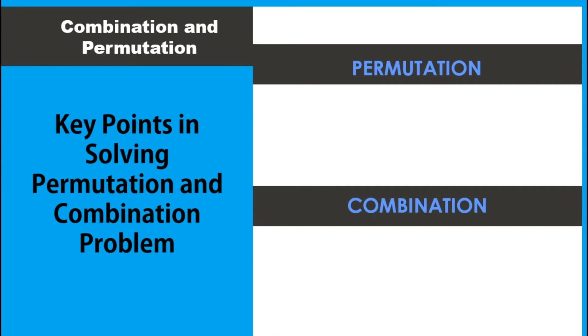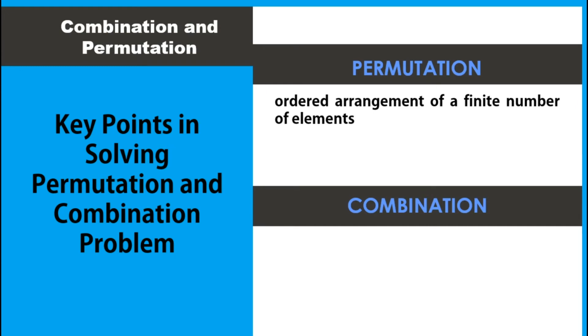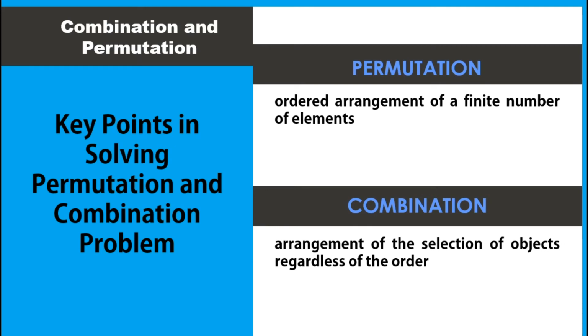So let's proceed to combination and permutation. Permutation is the ordered arrangement of a finite number of elements, and combination is the selection of objects regardless of the order. So the only difference between these two is that permutation considers the order, but combination does not. For example, you have numbers 1 and 2.